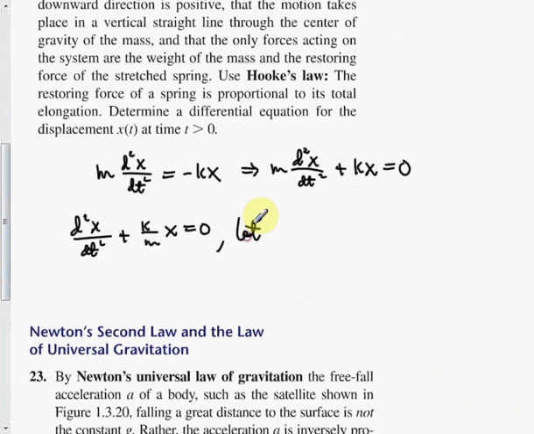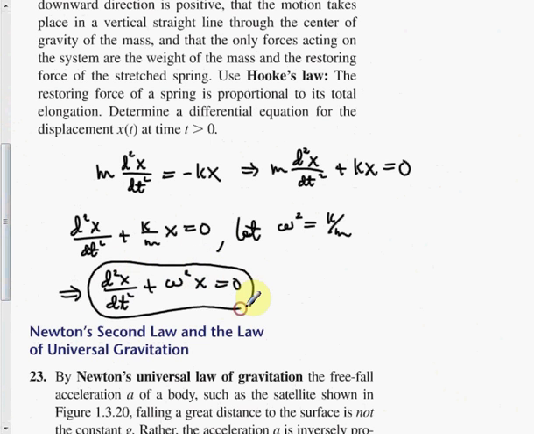And then we let omega squared equal to k over m. And this implies that we have this second derivative plus omega squared times x is equal to 0. And this becomes the equation for harmonic motion.